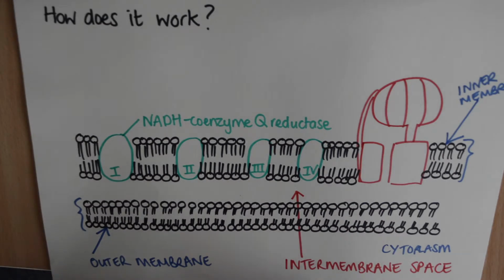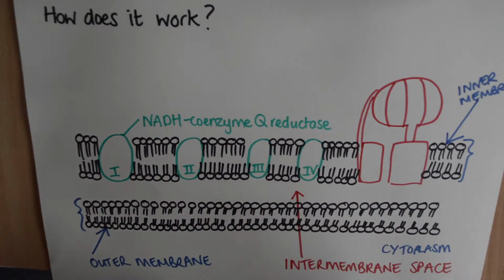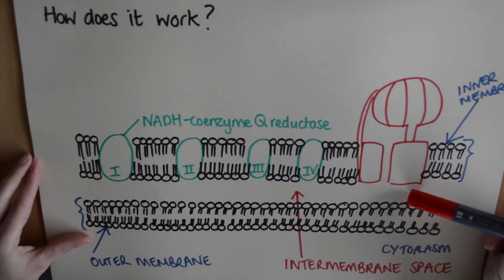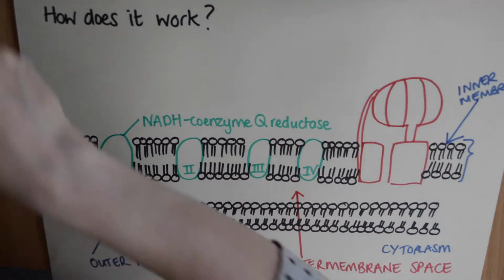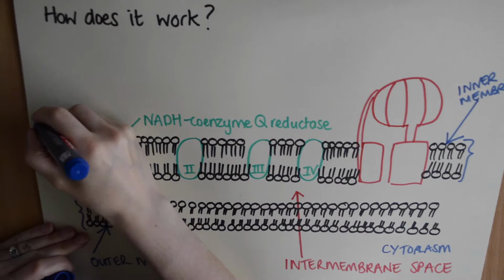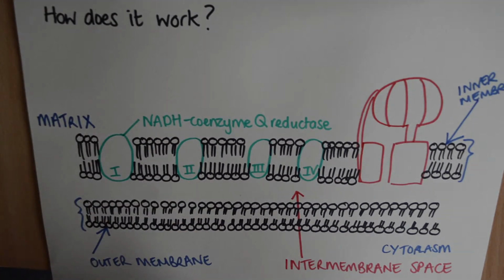The intermembrane space is really important throughout this process, as it allows what's known as a proton gradient to be established from across the intermembrane space to the matrix. So the matrix is actually the area here. So this will make up the matrix.